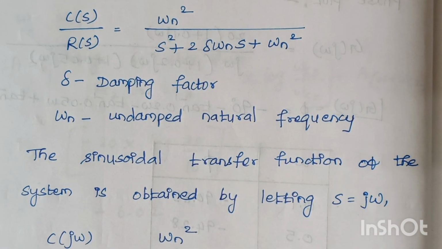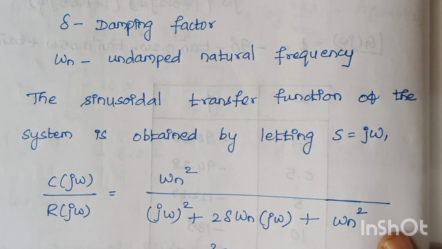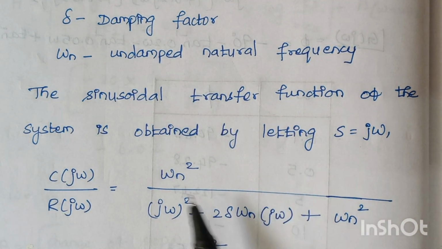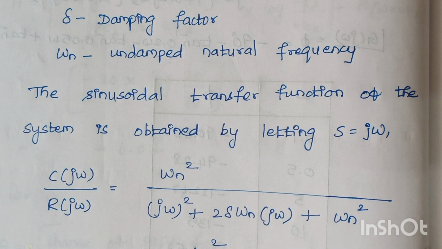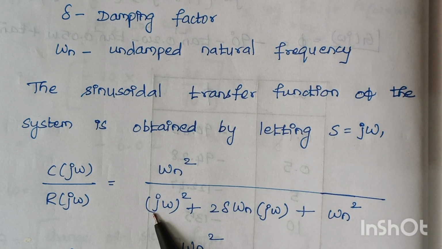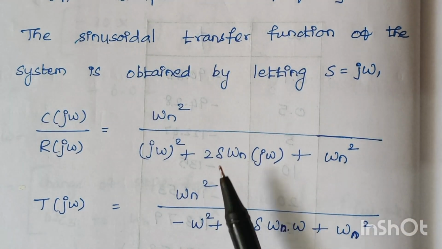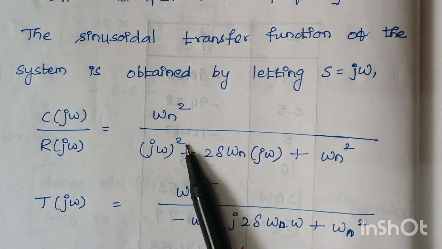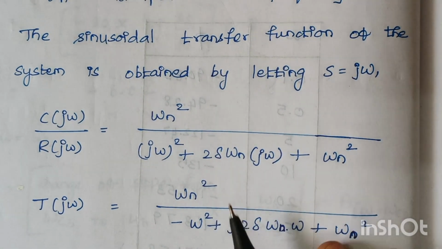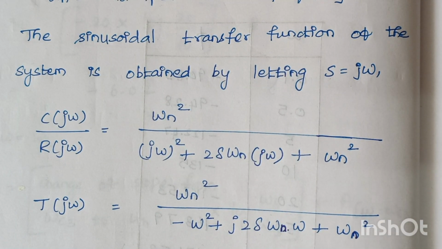When you substitute in the standard expression, you see our expression gets modified like this. j square is minus 1, so j omega whole square becomes minus omega square, plus the remaining terms remain as such.